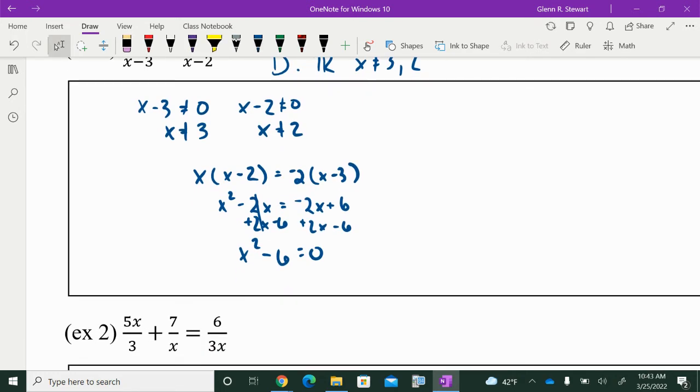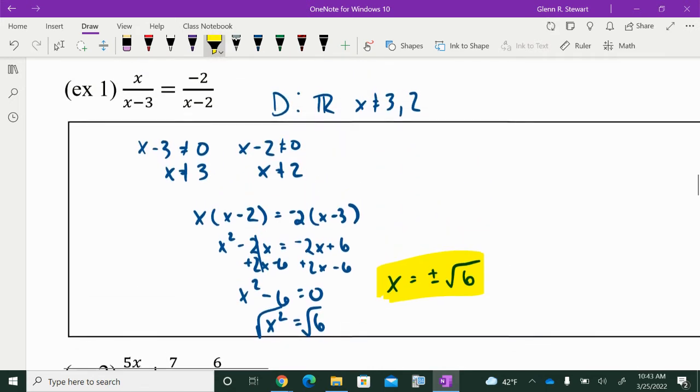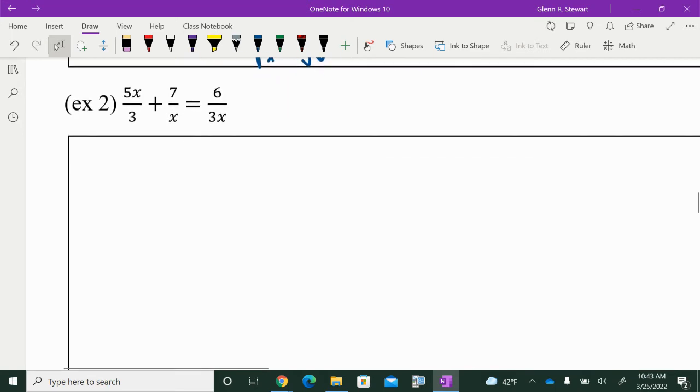I wanted to set it equal to 0 because I do want to solve for my x value. So x squared is equal to 6, and then take the square root. So x is equal to plus or minus the square root of 6. Since plus or minus the square root of 6 is not 3 or 2, that's a solution. Yay!